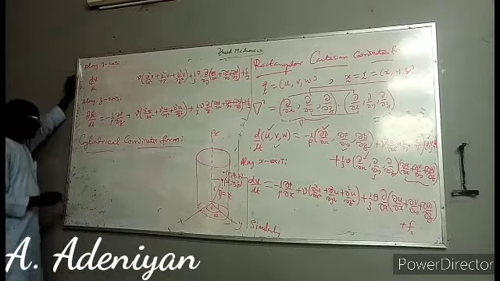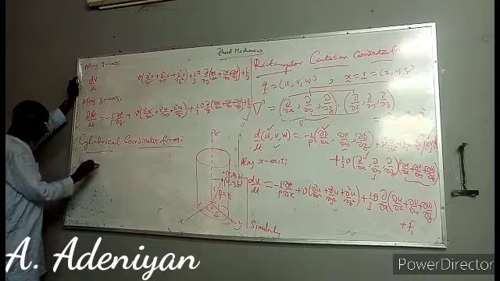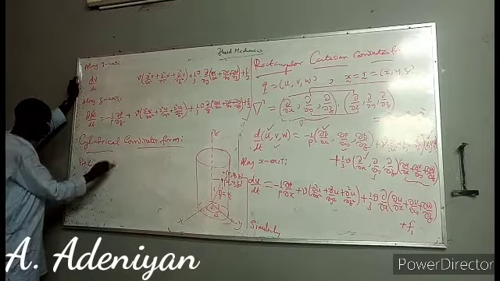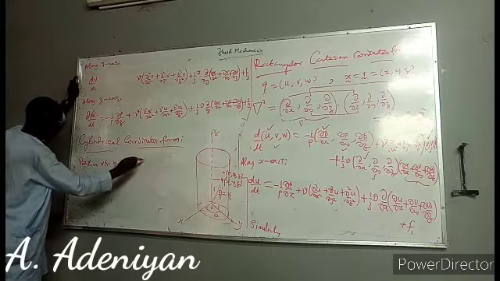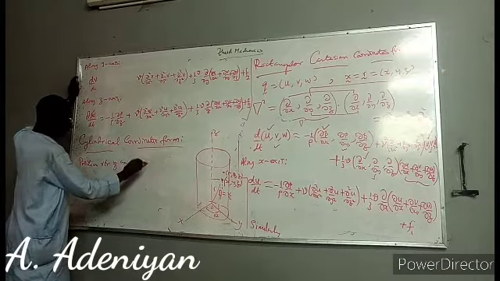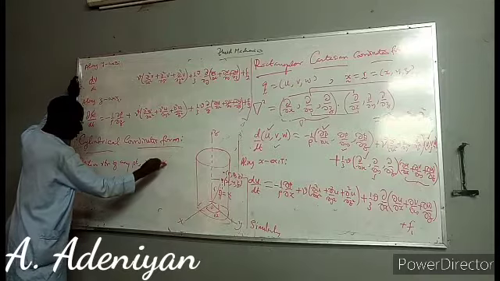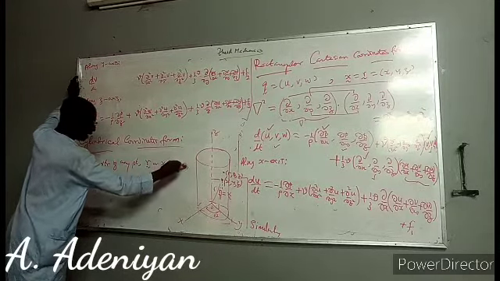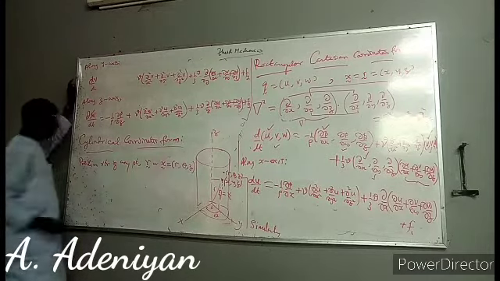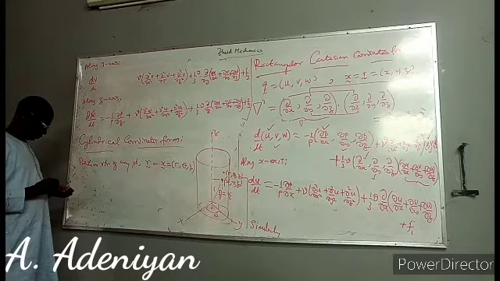So that means in the cylindrical coordinate system, the position vector of any point relative to the origin, some people use r, some people use x, has three components: r, theta, and z. We did this in our previous class before the short break.